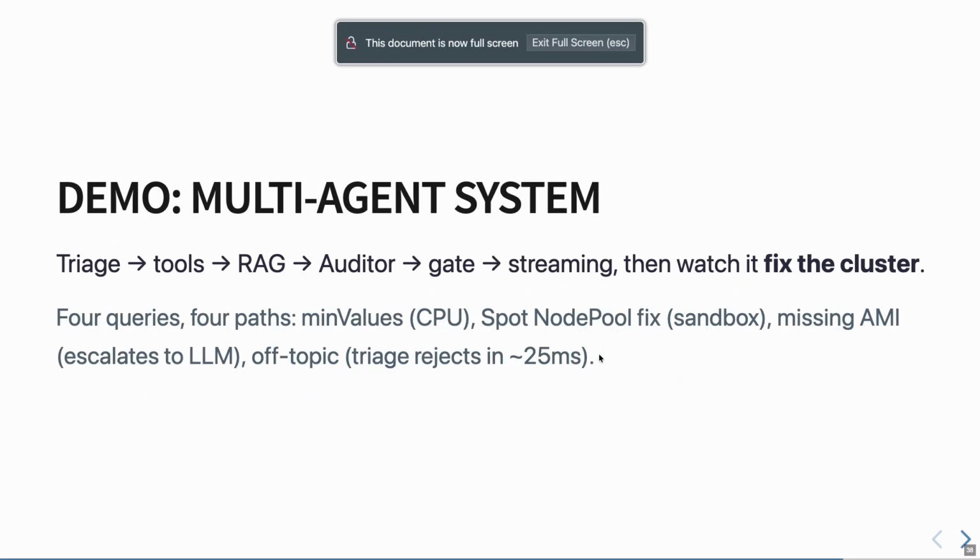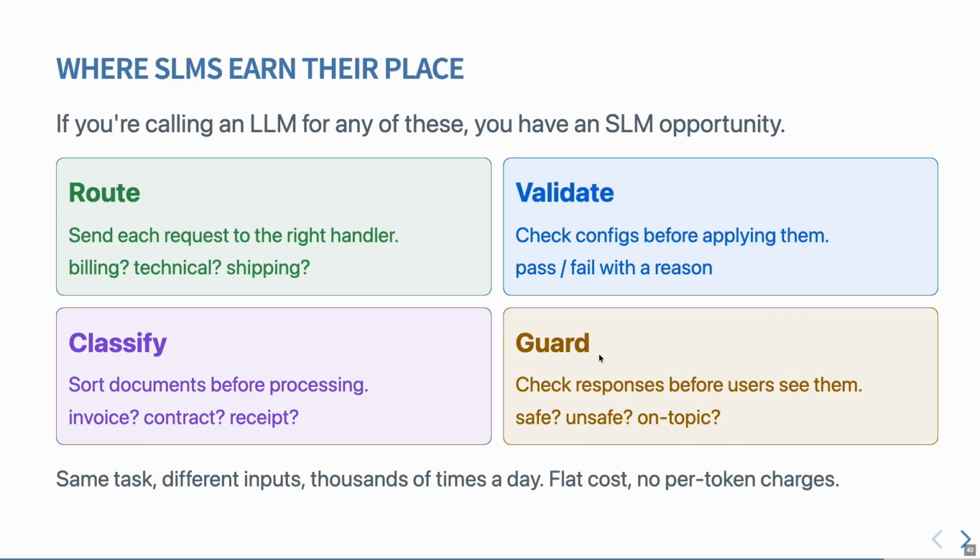And basically, concluding with what I showed you, right? So what this means for you: if you already have parts of your pipeline that are routing, validating, classifying, guarding, running tooling. I see more and more the trend of customers asking for agent sandboxing.